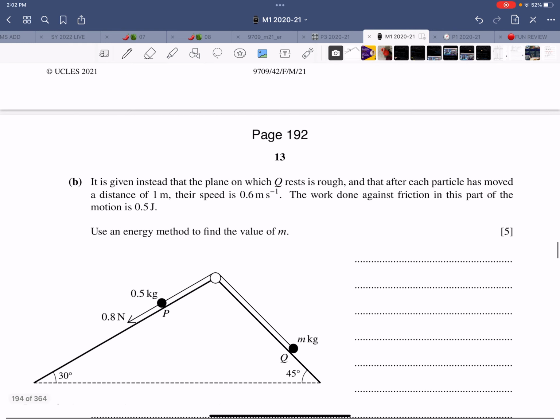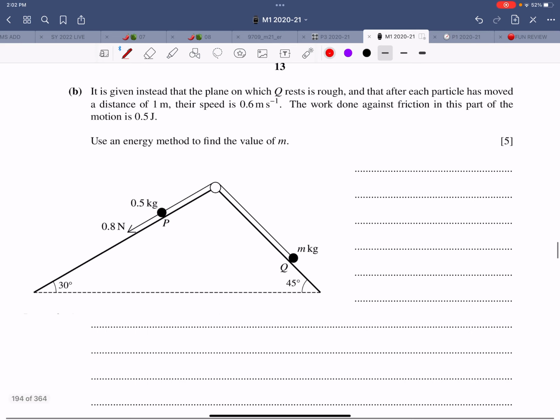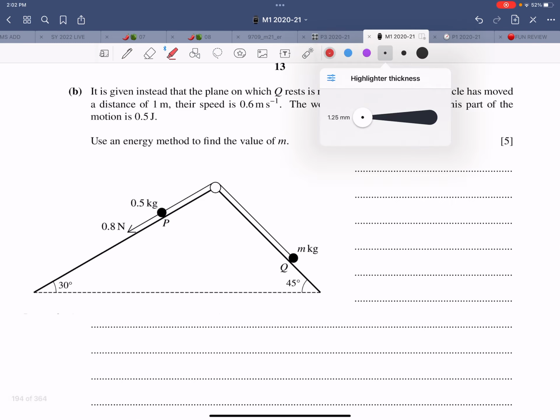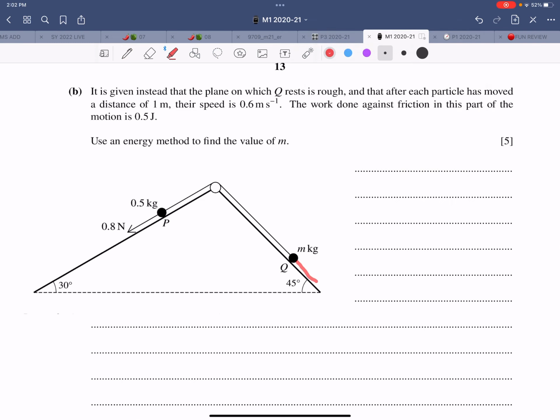Now, what does it say? It is given instead that the plane on which Q rests is rough. So now Q is rough. What do I need over here? First of all, label this thing, just like before. Let me rotate my table a bit so I can write it properly.